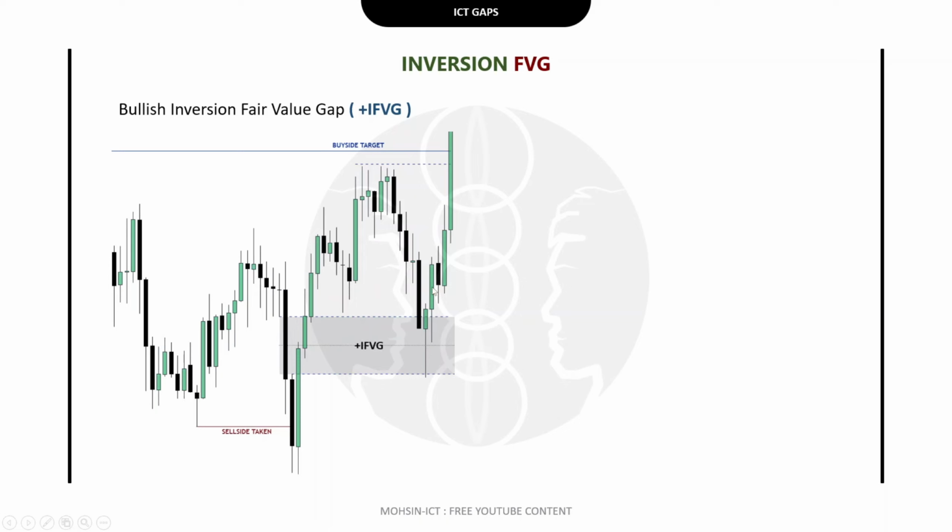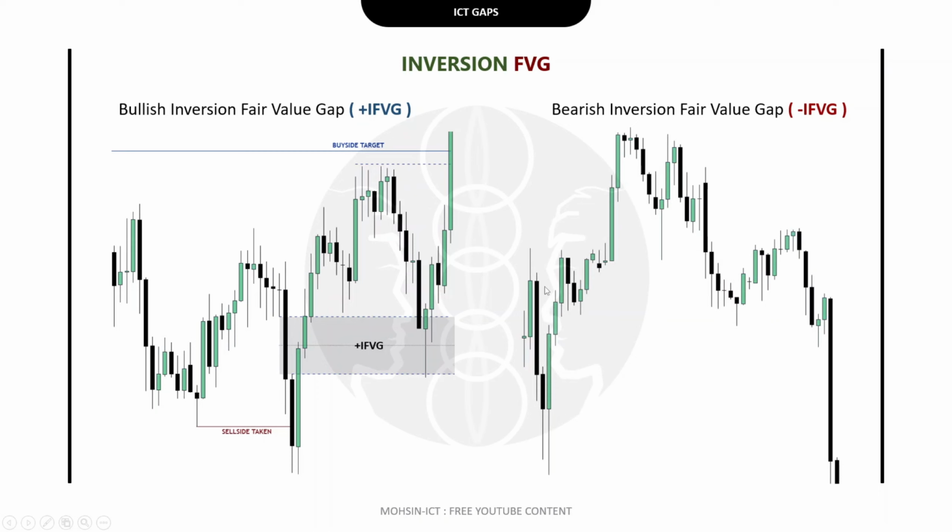So this was the bullish example, in which we used a SIBI to deliver to the buy side liquidity. For the bearish example, you can see here we have taken some buy side liquidity and we are going toward the sell side liquidity. If you pay close attention, you will find this beautiful gap right here. See? The nearest to the stop rate is the strongest fair value gap or inversion fair value gap.